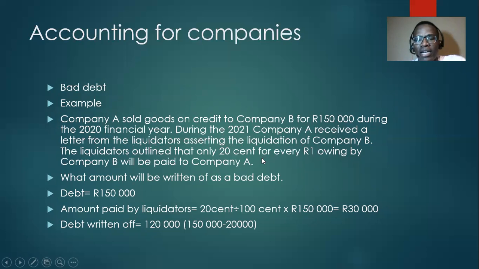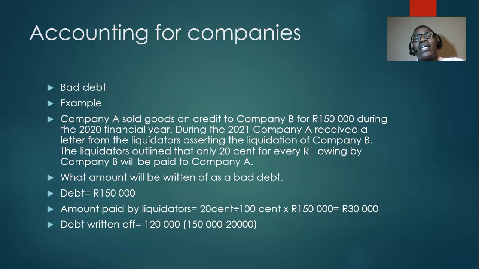There's company A and company B. Company A sold goods on credit to company B, right? So company B is owing company A. Then the liquidators are those people who are appointed to liquidate. It happens that if you are unable to pay, your creditors will apply for liquidation of your company, right? Then they'll appoint the person who's going to liquidate.